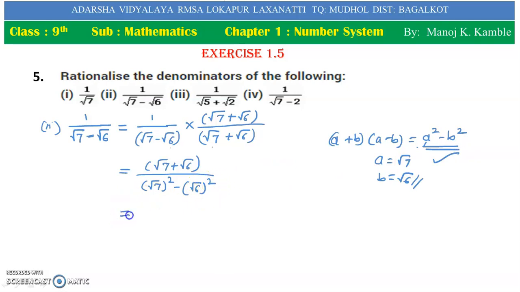So the numerator remains as it is, divided by, square root and square get cancelled, it becomes 7, square root and square get cancelled, it becomes 6, that is equal to square root of 7 plus square root of 6 divided by 1, and the final answer we have to write as square root of 7 plus square root of 6.